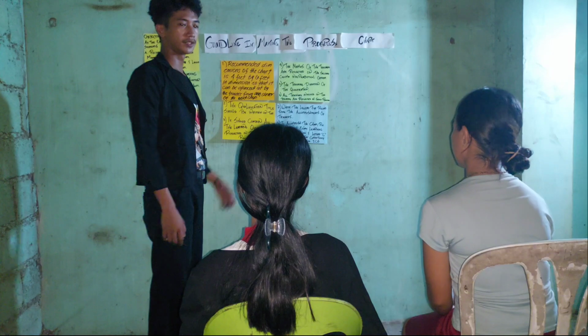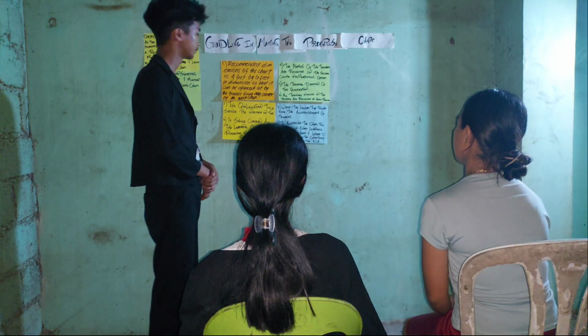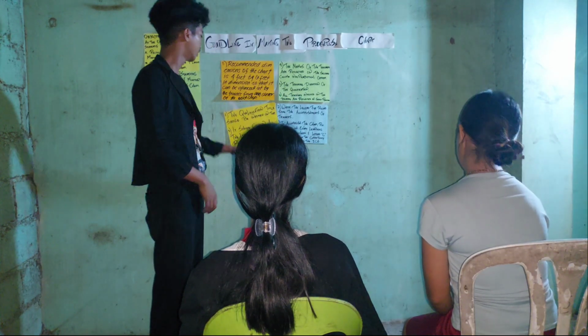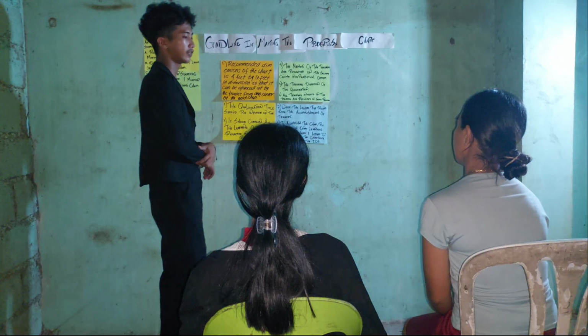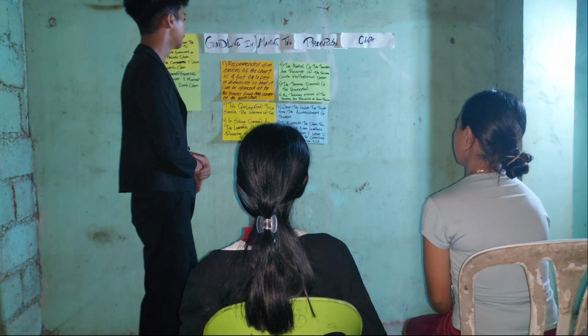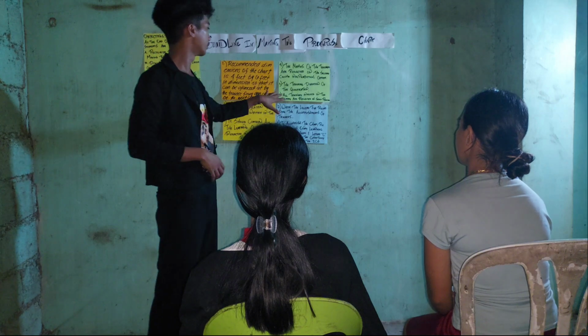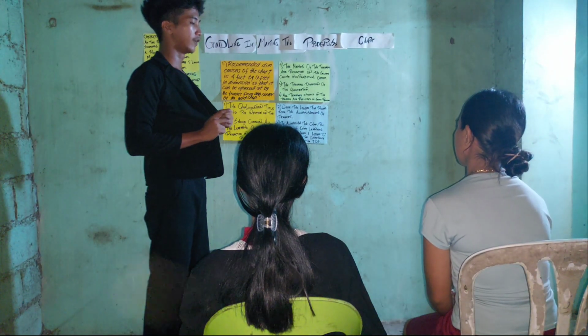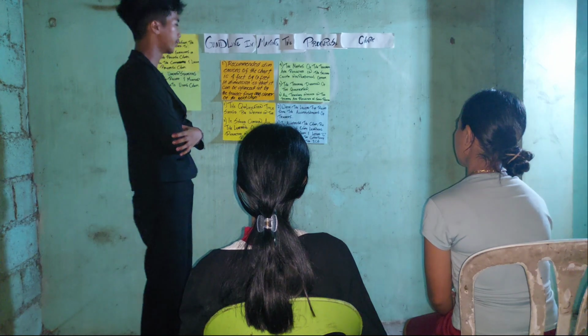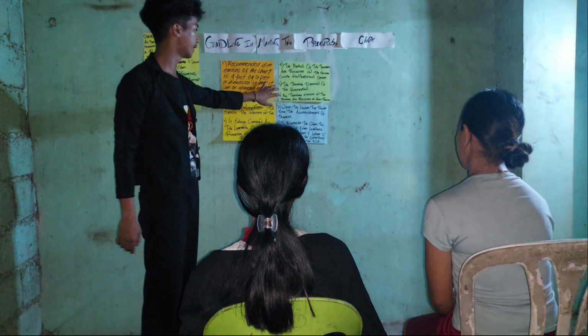Number 5, please read. The training duration of the qualification. So for number 5, we need to indicate the official duration of the training program. That's for number 5.